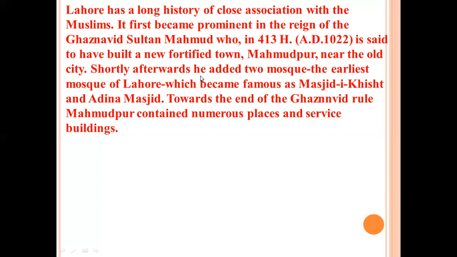Shortly afterwards, he added two mosques, the earliest mosque of Lahore, which became famous as Masjid-e-Khisht, and the other is Adina Masjid, that is located in India. Toward the end of Ghaznavid rule, Mahmudpur contained numerous palaces and service buildings.